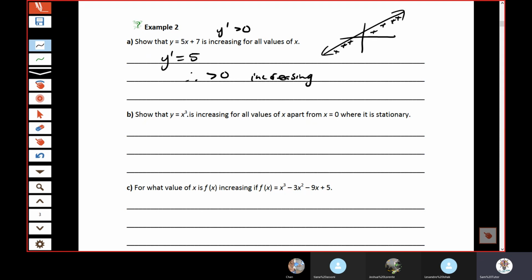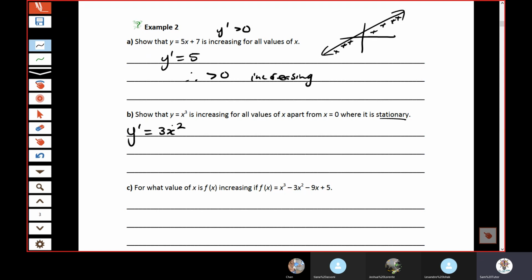Show that y equals x cubed is increasing for all values of x, apart from x equals 0, where it is stationary. All right, very good. So, y dash equals 3x squared. Correct.